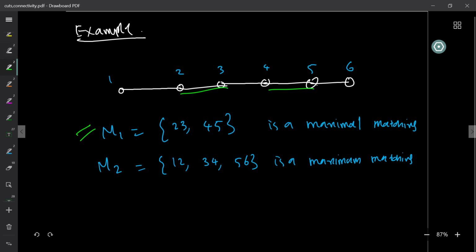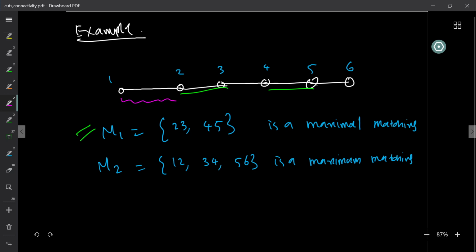Now I define a path which can start in any of these vertices, and it alternates between the edges which are in M and not in M. For example, I can start from here.